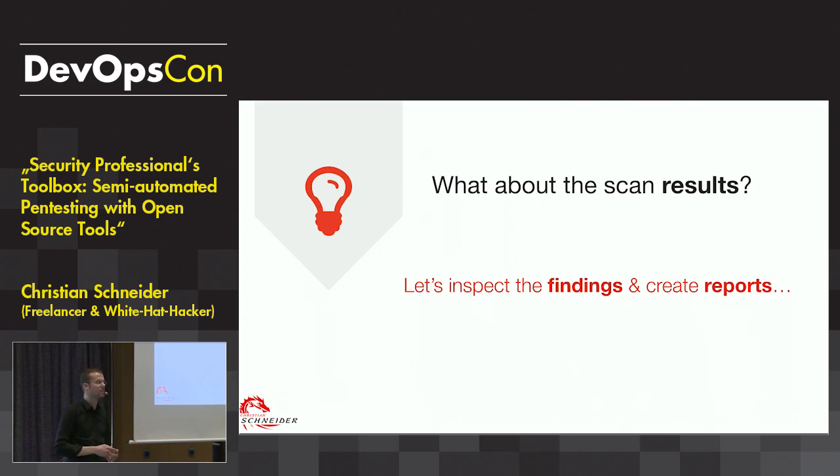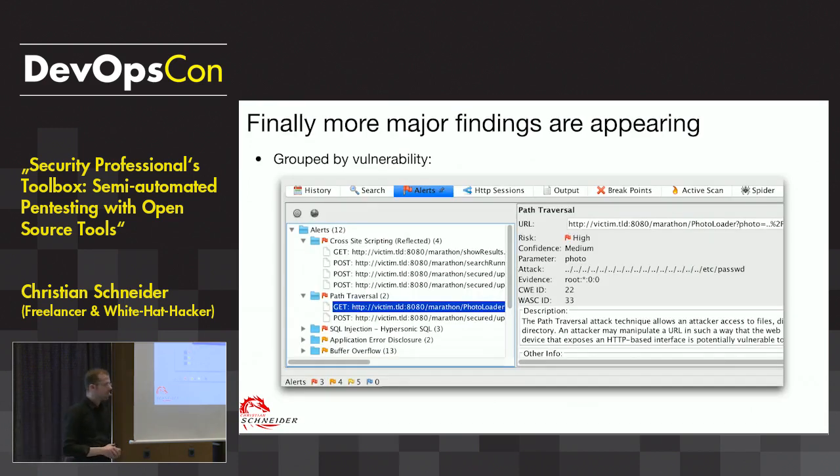Giving this to development teams, creating tickets from that, or just exporting it to be fed into other tools. So you will also see in ZAP, in the Alerts tab, some findings, like here from my training application. Here you will see a path traversal has been found, which permutated a concrete parameter.